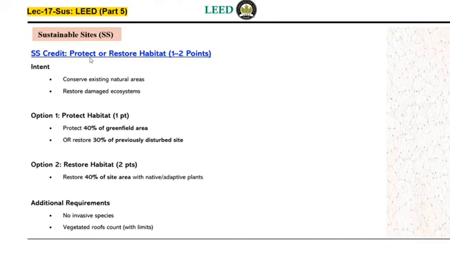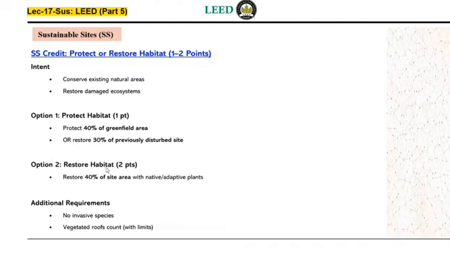The next credit is Protect or Restore Habitat. It has 1 to 2 points. The intention is to conserve existing natural areas and restore damaged ecosystems. Option 1 is protect habitat, 1 point. If we protect 40% of greenfield area, then we can earn 1 point, or restore 30% of a previously disturbed site.